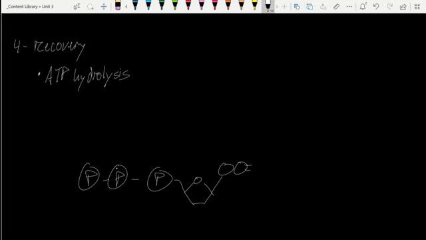Phosphates are negatively charged. So this one has a big negative on it. This one has a big negative on it. To overcome, right, opposite charges attract, but like charges repel. And so in order to form this bond, I have to make 2 negative charges essentially hold hands. They're not really happy about it.